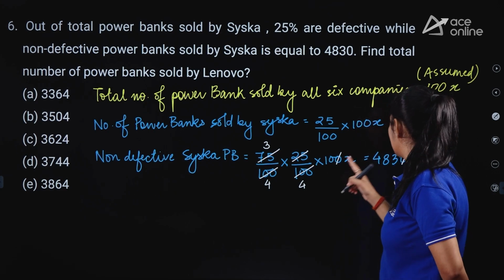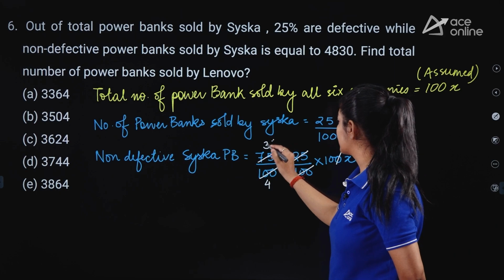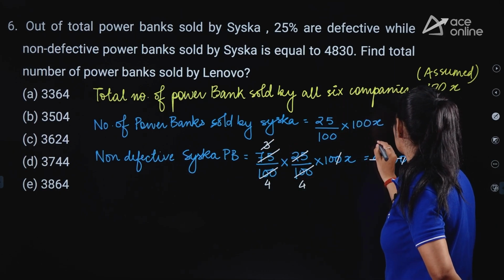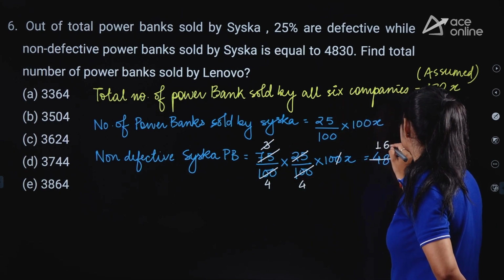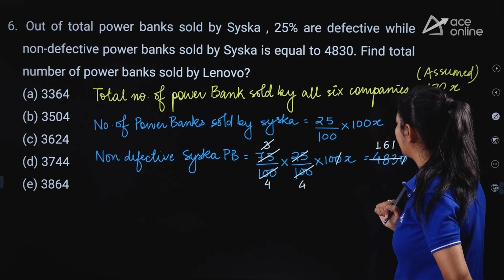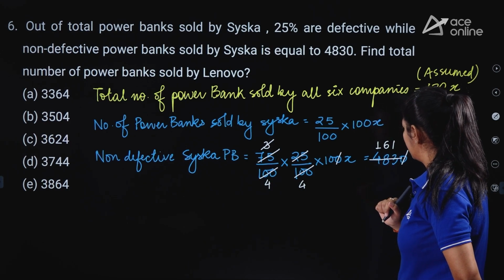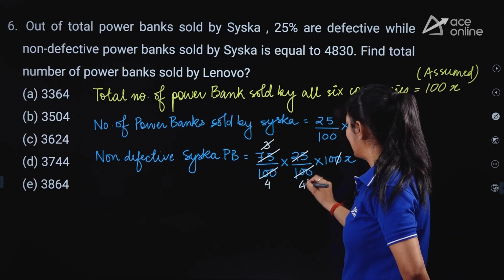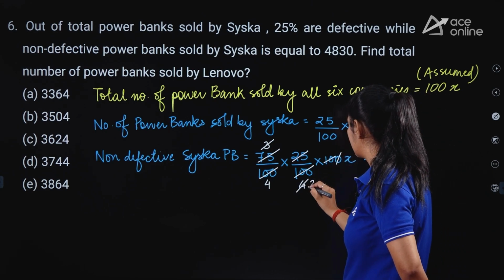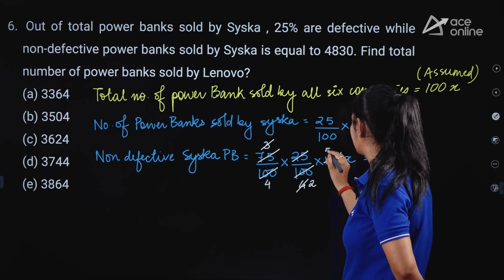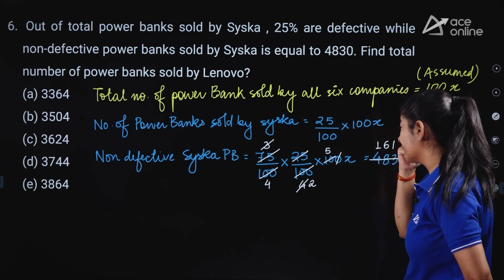And with the help of 3, we can also eliminate this one. So here we are getting 1 and 1, 6, 1. So basically here we are having 1, 6, 1. Now we can again eliminate this and this one. Here we are getting 2 and here I am getting 5, right?